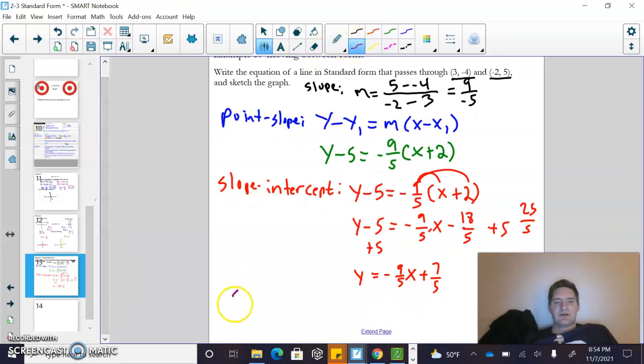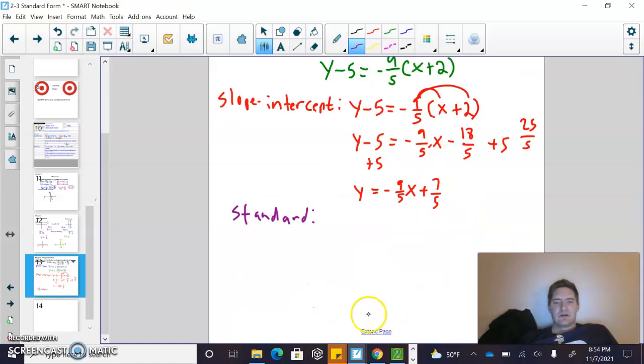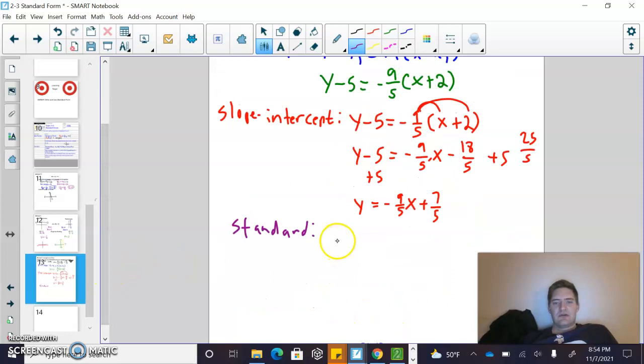So now we do the final conversion to standard. How we do that is we're going to take whatever we have in slope-intercept form. First of all, we need to get rid of these fractions down here, so we need to multiply all of this by 5.